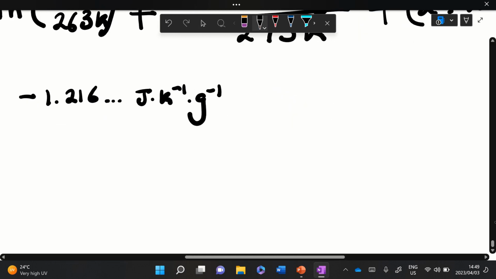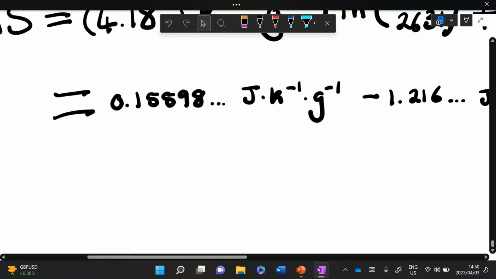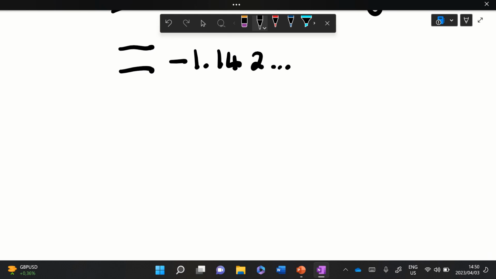And then finally it's also minus 0.08299 joule per Kelvin per gram. Which then eventually gives us minus 1.142 joule per Kelvin per gram.